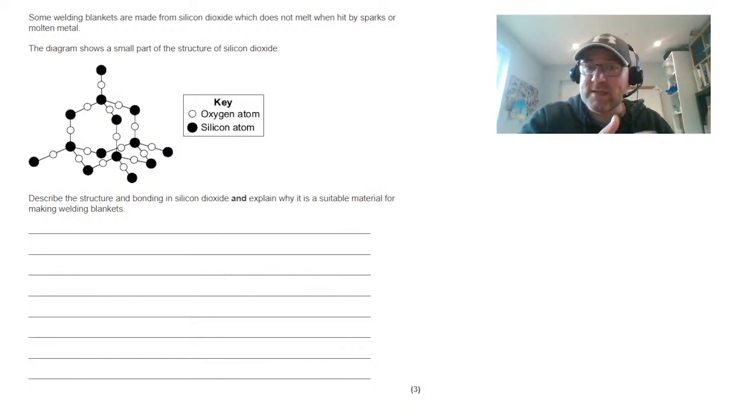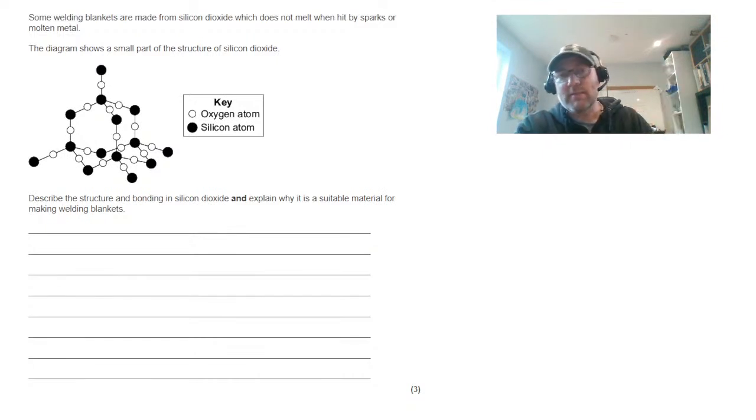And that's why silicon dioxide is great. It's used inside the furnace to line the walls of ovens. It's basically sand. When you look at sand on the beach, that's silicon dioxide, and it doesn't melt. Under incredible heat, it won't melt. So yeah, it's giant covalent. Actually, we can tell it's covalent because it's made of oxygen and silicon atoms.